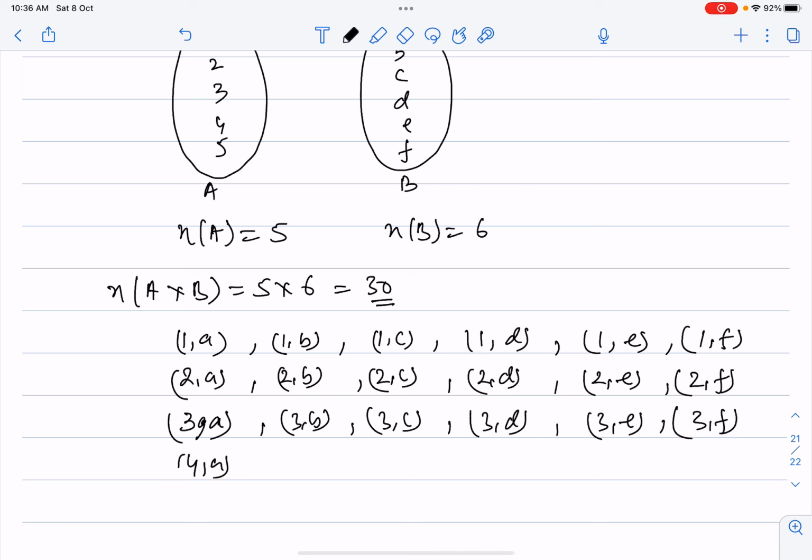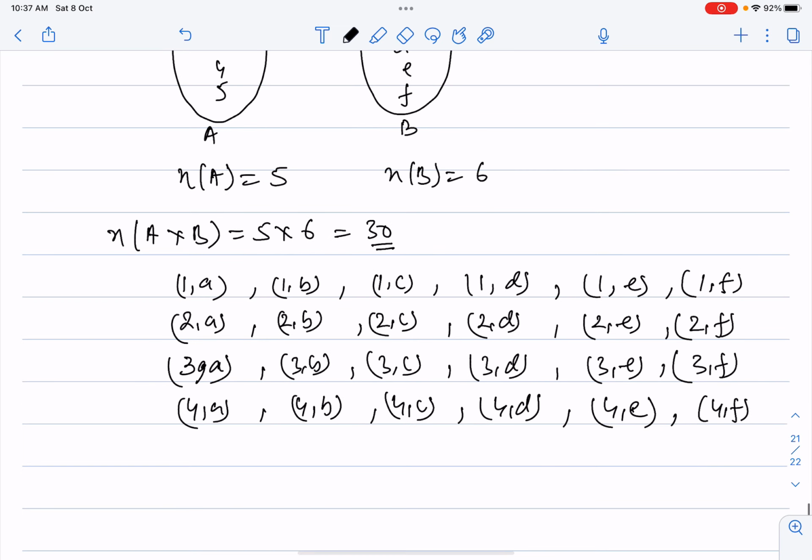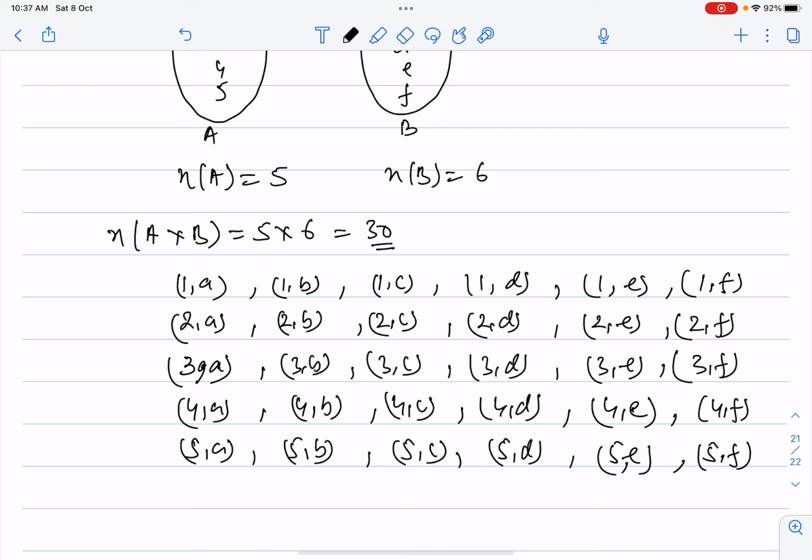Similarly 4 comma a, 4 comma b, 4 comma c, 4 comma d, 4 comma e, 4 comma f, and 5 comma a through 5 comma f. So these are all the ordered pairs in the Cartesian product.